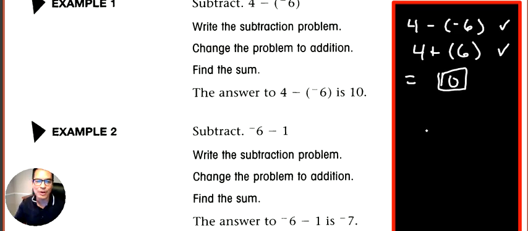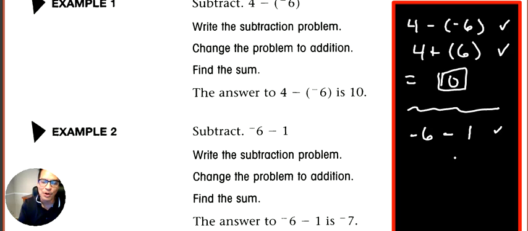Now, here we have a slightly different one in example number 2. We have -6 minus 1. Step number 1, we write the subtraction problem. We change the problem to addition.